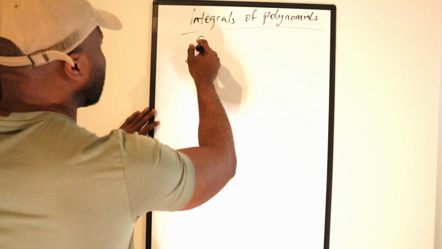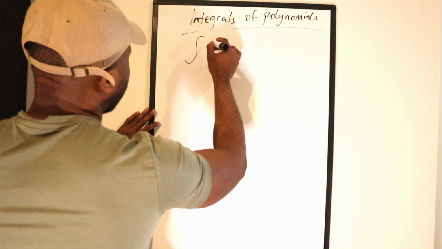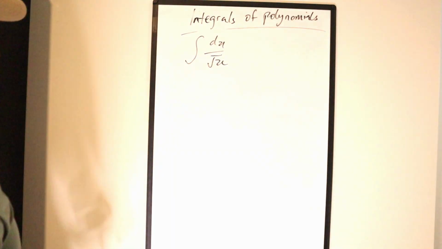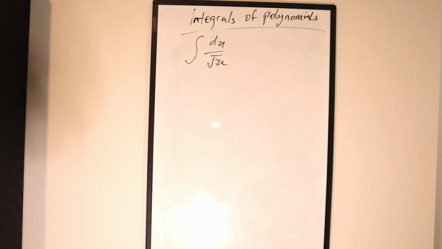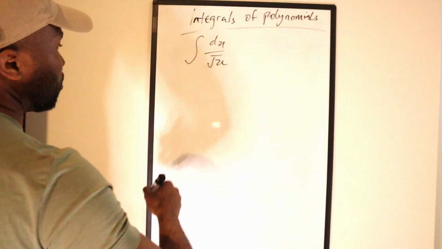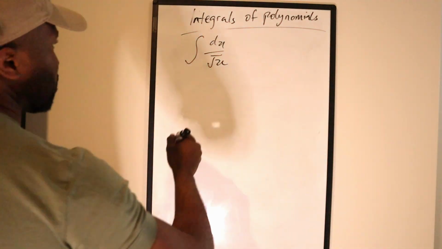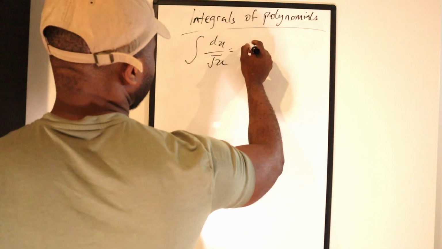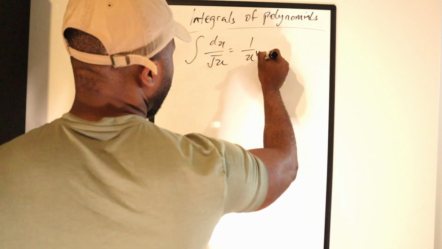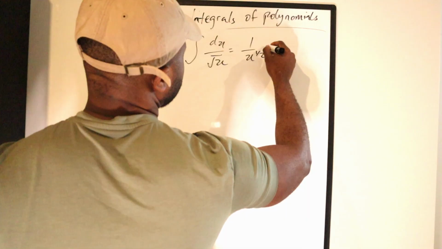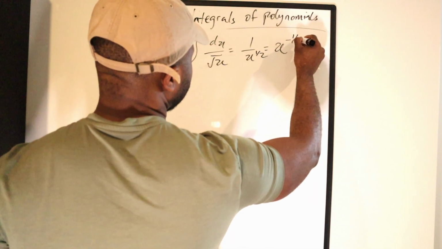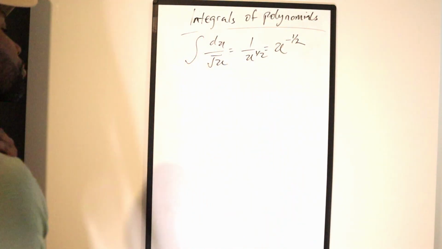When you are given the integral of dx over the square root of x, how can we integrate this? We need to break this down into a simpler form. So this is actually equal to 1 over x^(1/2), or you can say it's equal to x^(-1/2) dx.